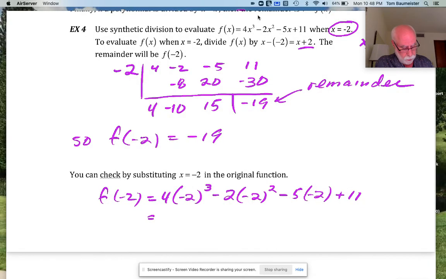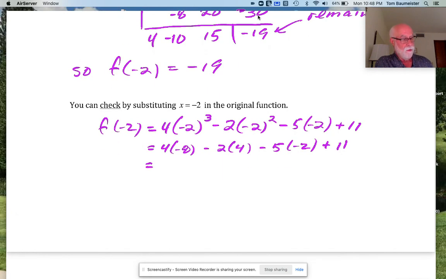So in here we'll have 4 times negative 8 minus 2 times 4 minus 5 times negative 2 plus 11, which will give us negative 32 minus 8 plus 10 plus 11. If you put that all in your calculator or go from left to right, you'll find out that yes, f of negative 2 does equal negative 19.